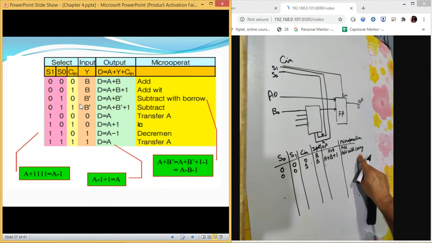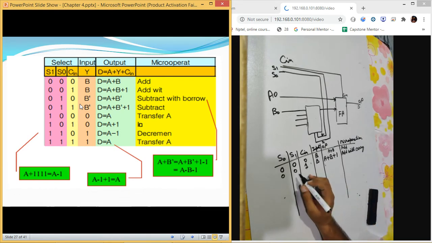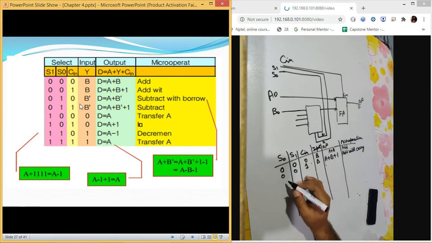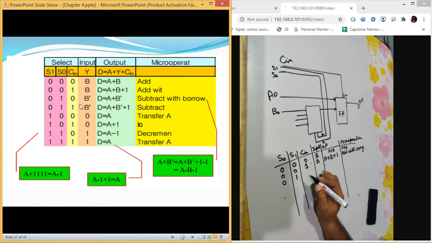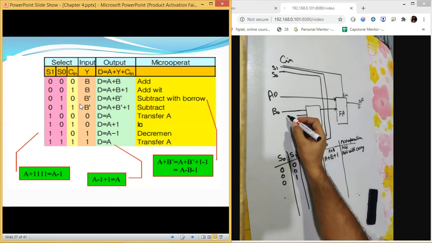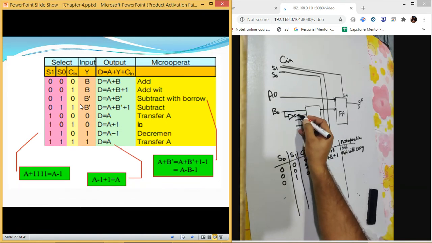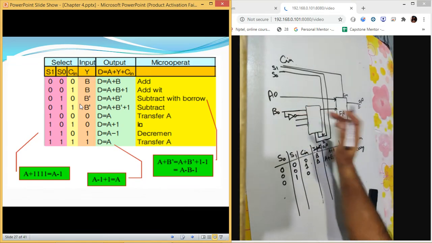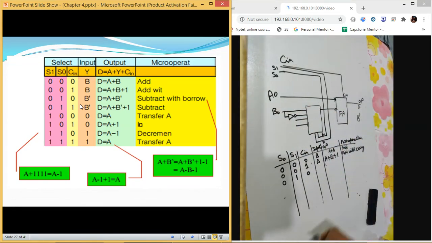Now next, the value of S0 and S1 changes: S1 S0 becomes 0 1. The value of Cin is 0. If we connect a NOT gate at this place, then where earlier we were forwarding the value of B directly, now it will be B dash.